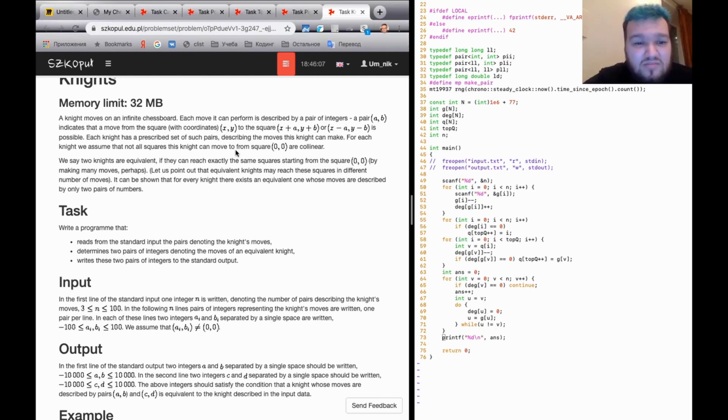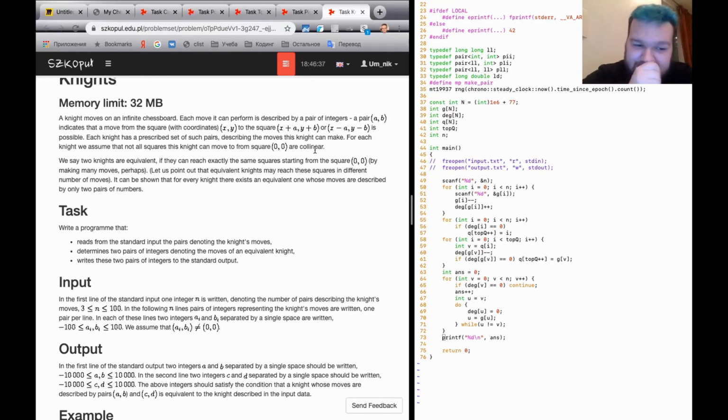There is also some info that somewhere said that not all the squares the knight can visit are collinear, so not all of them lie on the same line, but I don't think that it's very important.